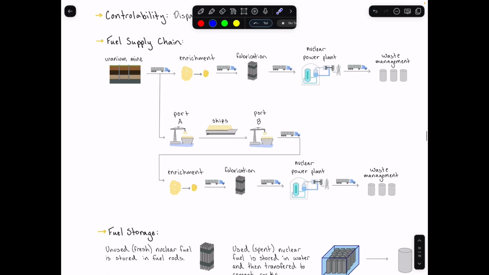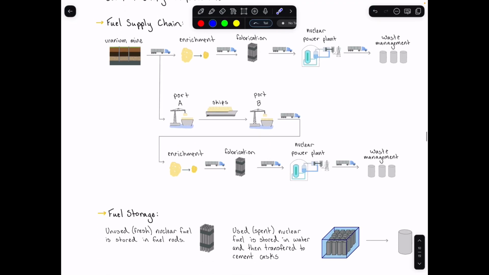Okay, so now on to fuel storage. As I mentioned earlier, one of the advantages of nuclear power plants is that they can store several years' worth of nuclear fuel on site because uranium fuel has an extremely high energy density. So only a very small amount of fuel is required to operate a reactor for an extended period of time.